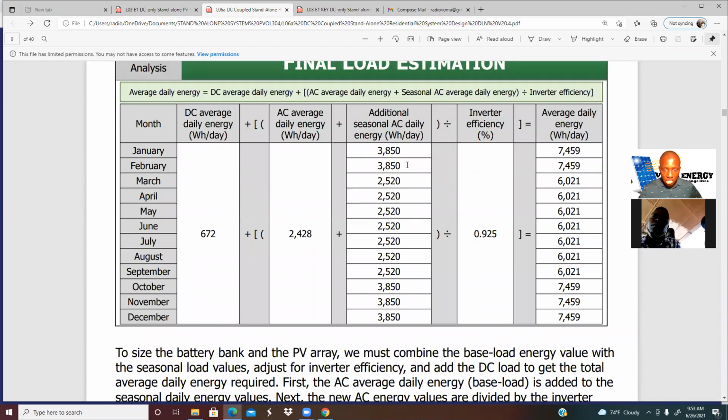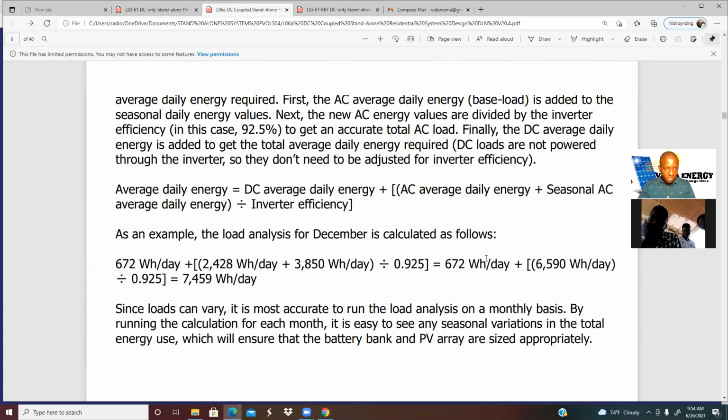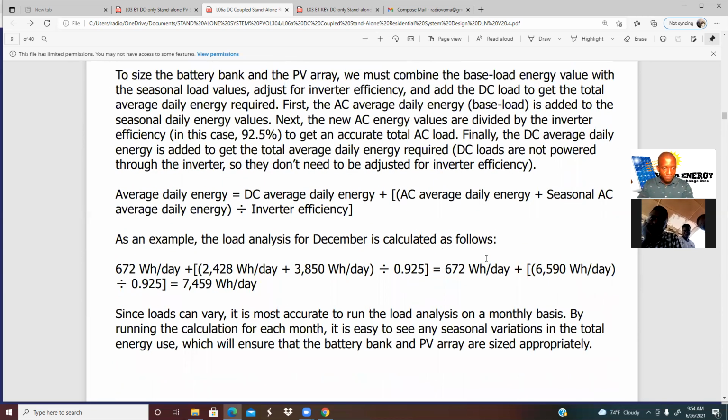Then the additional seasonal load, we added them, and we divide it by the inverter efficiency. The inverter efficiency is 92.5%, which we convert to 0.925, we turn it to a decimal. So we divide this total by the inverter efficiency to give us the total of 7,459. So that is how we got our 7,459.